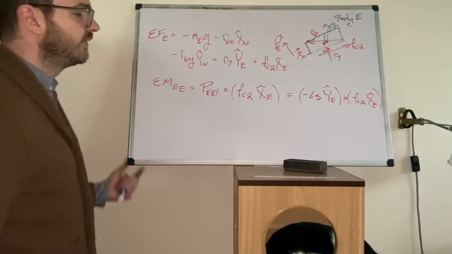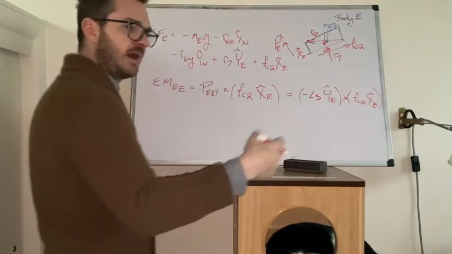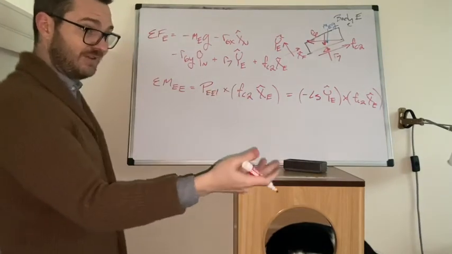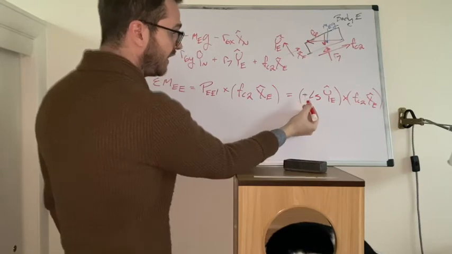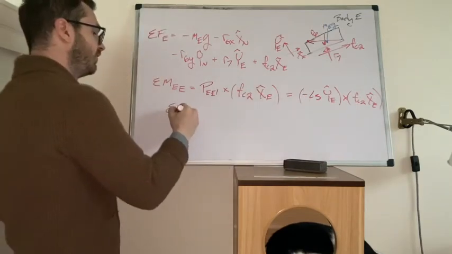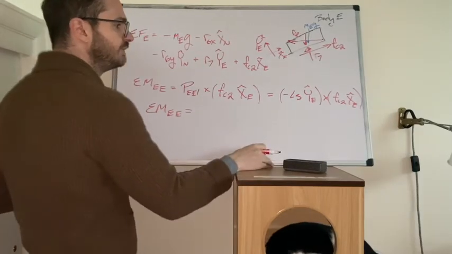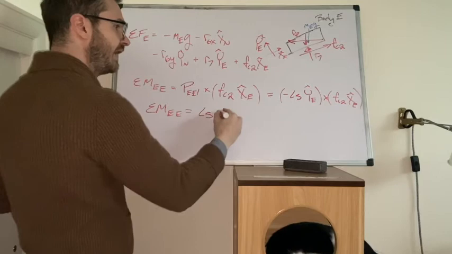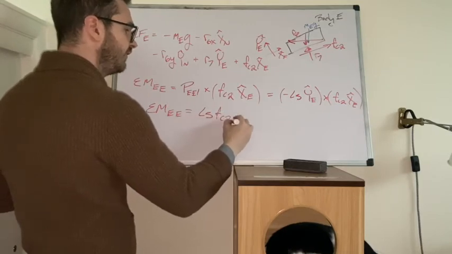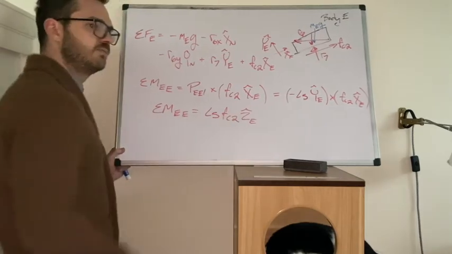Okay, so this one's fairly easy to see what happens. Y cross E is negative Z. There's a negative here and they're going to cancel to make it positive. So the sum of moments on E about E is equal to, we can take the scalars, L5 FC2 ZE.